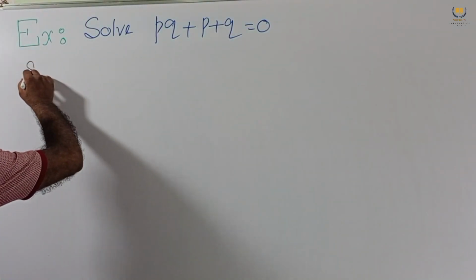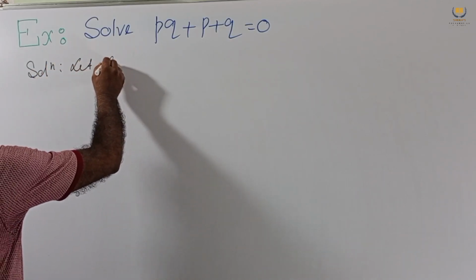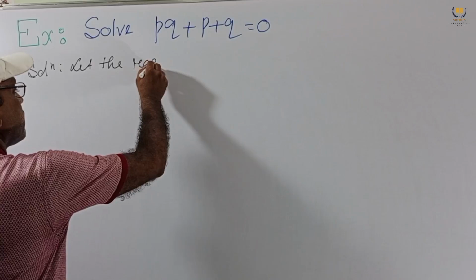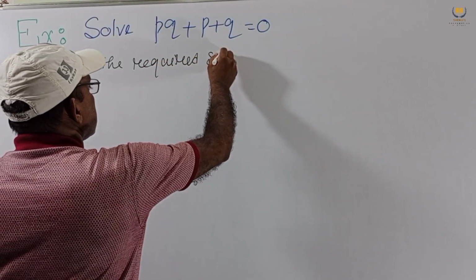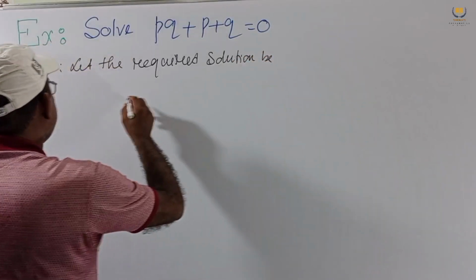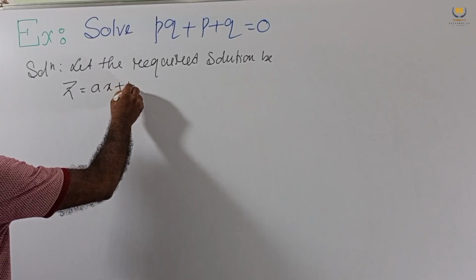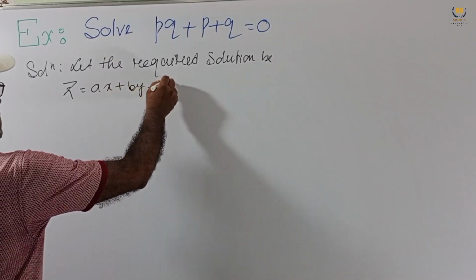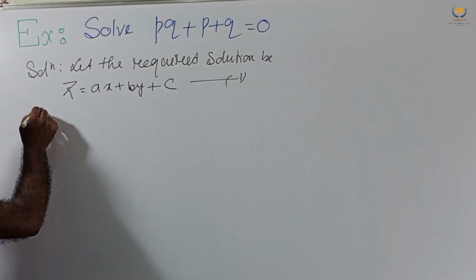So, solution. Let the required solution be z equal to ax plus by plus c. This is number 1 we consider.